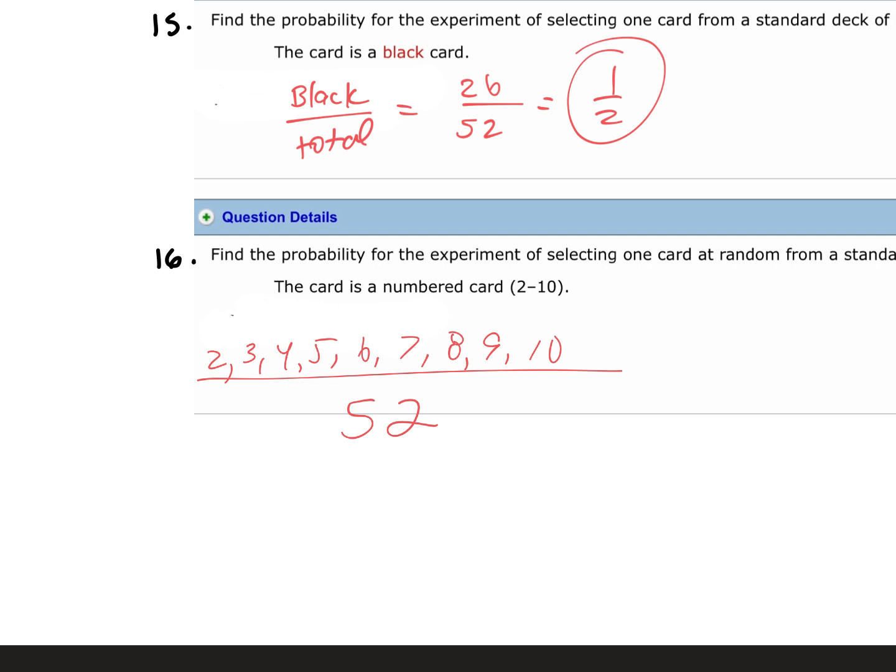52. What piece of information am I missing? Is there only 1 two in a deck? There's how many? 4. How many 3s are there? How many 4s are there? So what do I need to do to this, guys? I need to multiply that by 4. Not that I'm multiplying 2 times 3 times, but how many cards are there that are between a 2 and a 10? 1, 2, 3, 4, 5, 6, 7, 8, 9. There's 9, right?